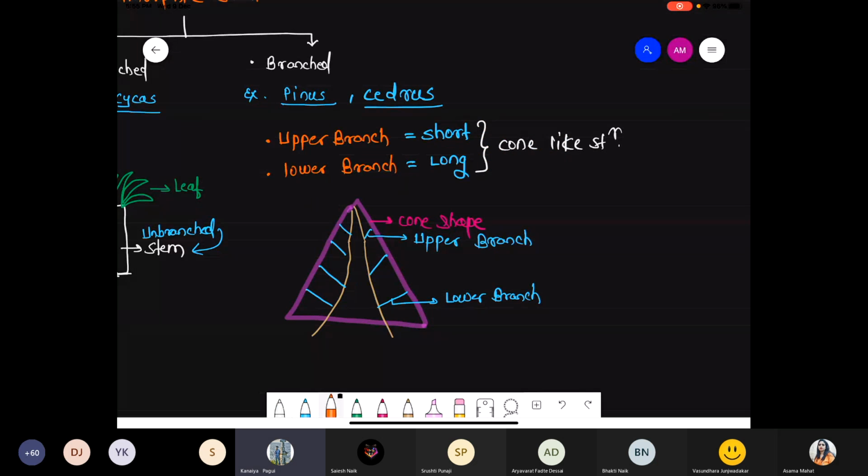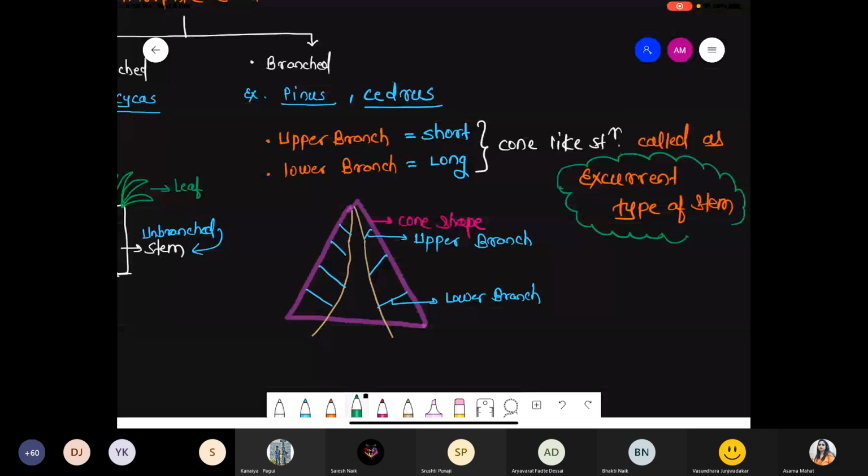Such type of cone like structure is called the excurrent type of stem. Such type of arrangement is called the excurrent type of stem. Please underline this word. It's very important in case of pinus, because pinus looks like a cone shape.